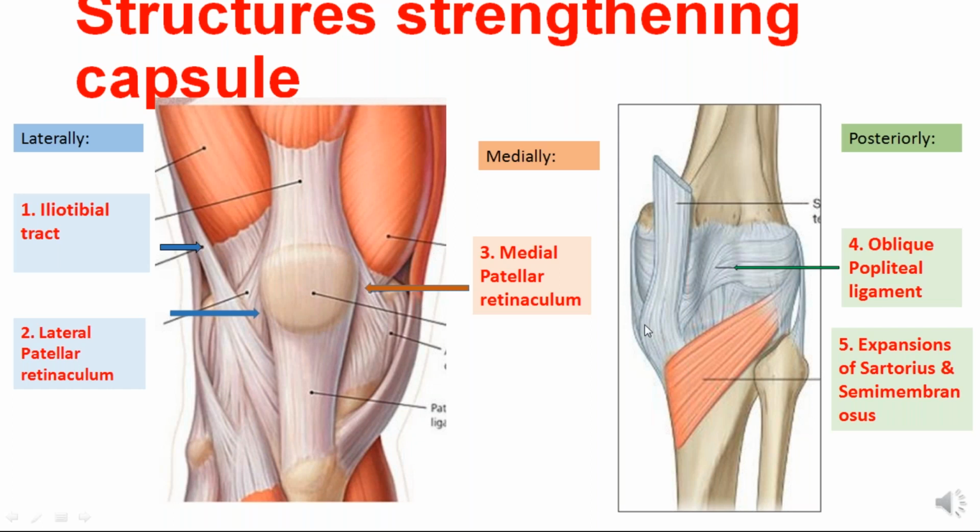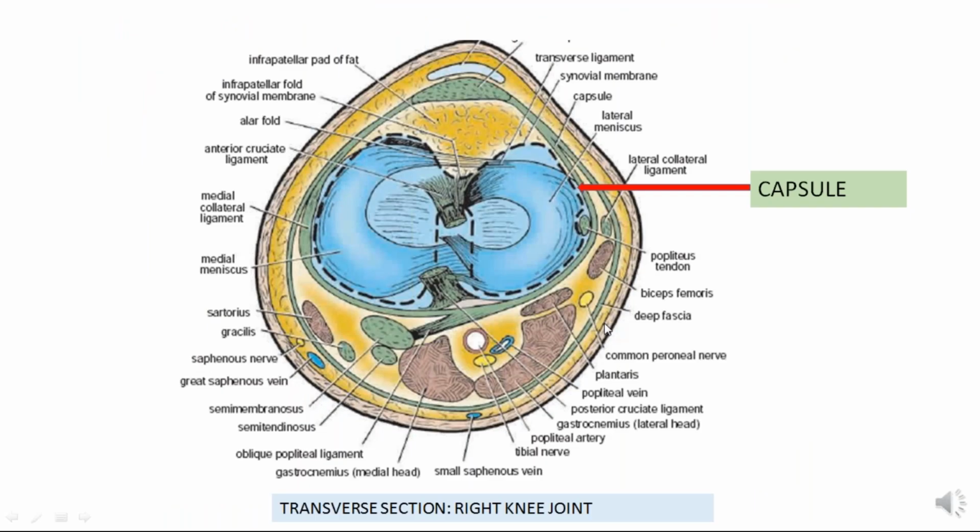And now students, this is the picture of the transverse section of the right knee joint. You should know how to draw this picture, and before drawing you should know the relations of this particular diagram. So in this transverse section, this is the anterior part, the posterior part. Now you will tell me which one is the medial and the lateral portion of this section.